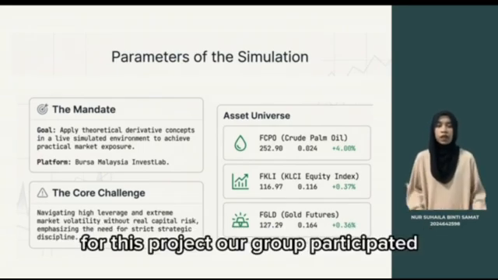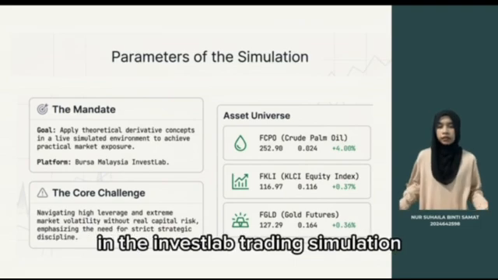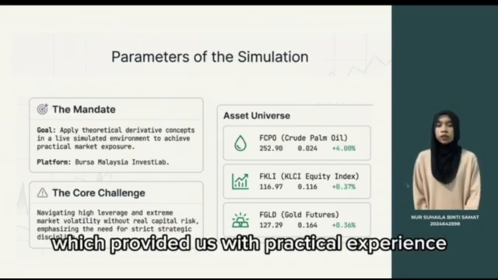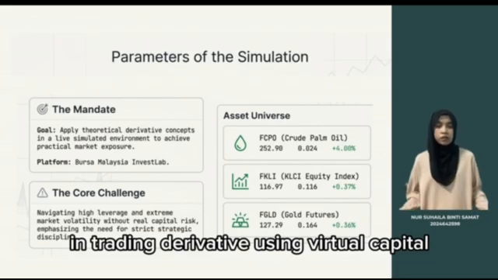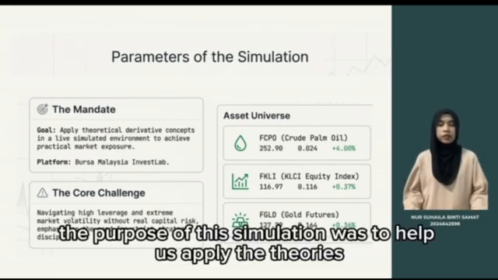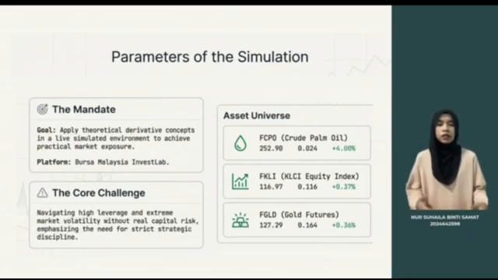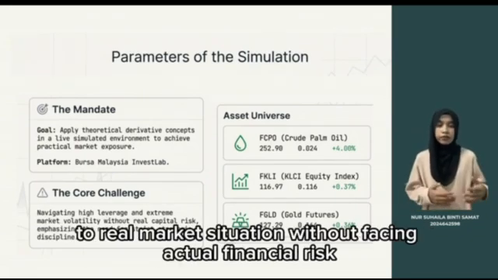For this project, our group participated in the InvestLab trading simulation, which provides us with practical experience in trading derivatives using virtual capital. The purpose of this simulation was to help us apply the theories learned in class to real market situations without facing actual financial risks.